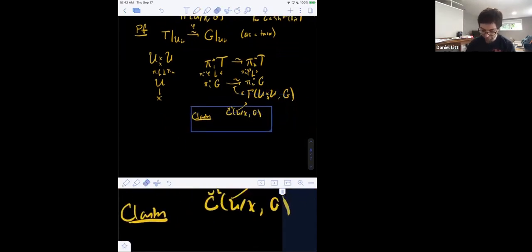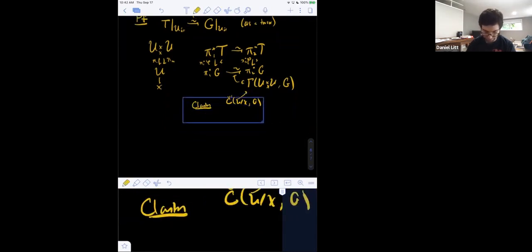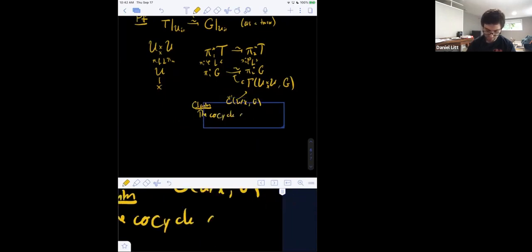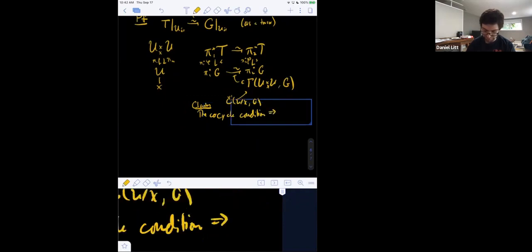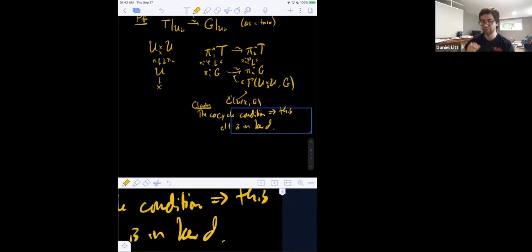The claim is that the cocycle condition implies that this element is in the kernel of the Čech differential.